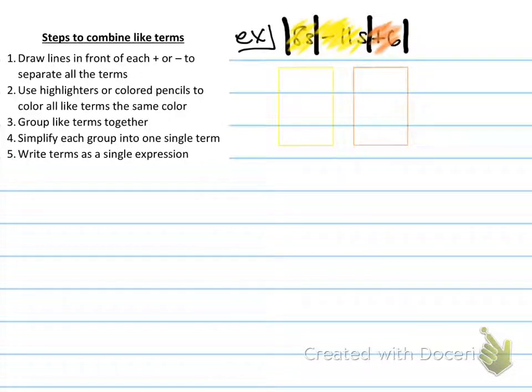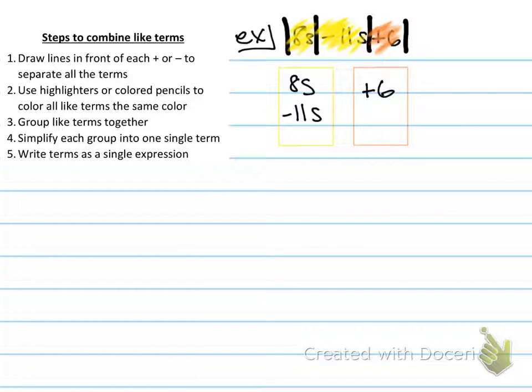And this gets me to step number 3, grouping like terms together. So 8S is going to go here, negative 11S is going to go here in the yellow box, and then in the orange box we get plus 6. Now we are going to do step 4, simplify each group into one single term.